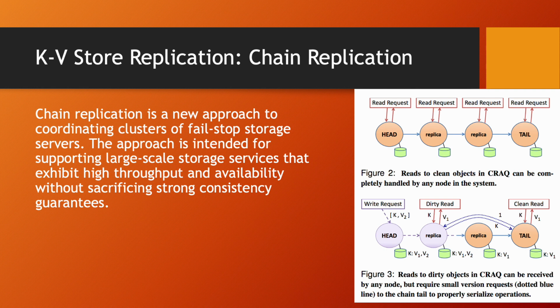So the replica contacts the tail asking what the latest or most durable value for this key is, and the tail replies v1 because the tail has v1, even though the replica has v2. The v2 is considered dirty when the request came because it has not propagated to the tail. So because the most durable version is v1, the replica responds with v1.